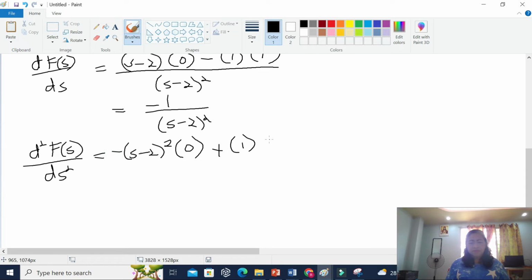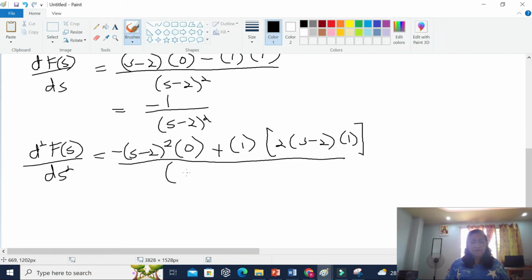So, the derivative of the denominator, 2 times s minus 2 times 1, divided by the square of the denominator. So, this will become 4.